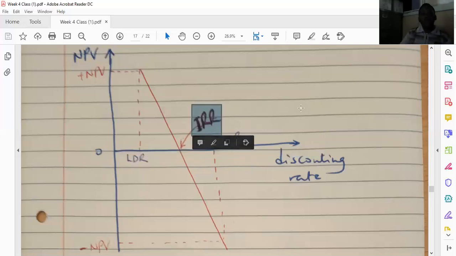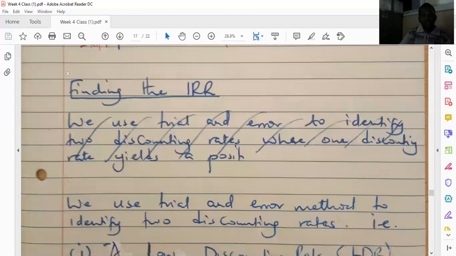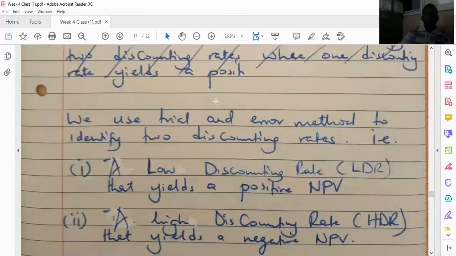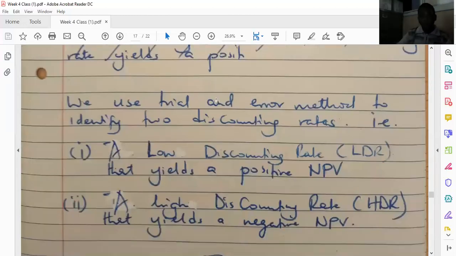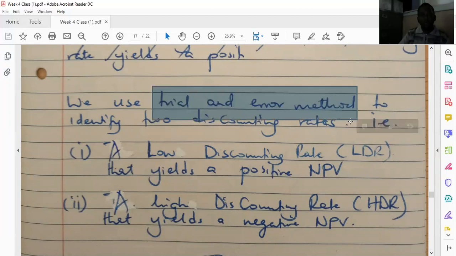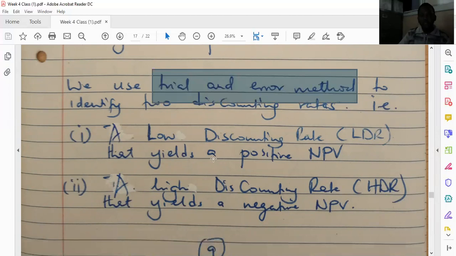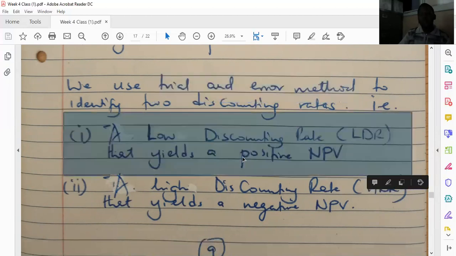So how do we get the internal rate of return? So finding the internal rate of return. To find the internal rate of return, we normally use the trial and error method to identify two discounting rates. That is one, a low discounting rate that yields a positive NPV. So you say that the lower the discounting rate, the higher the NPV, and vice versa.